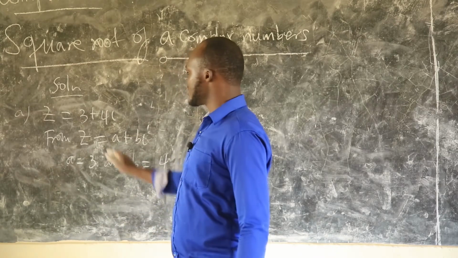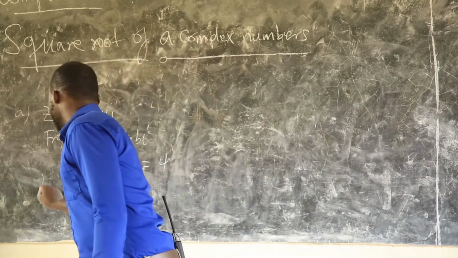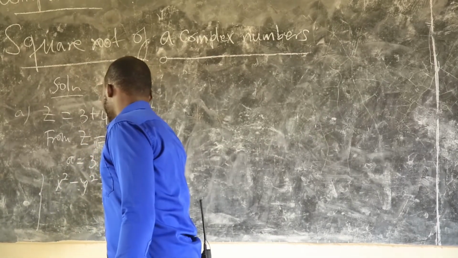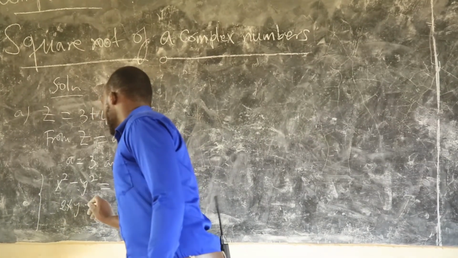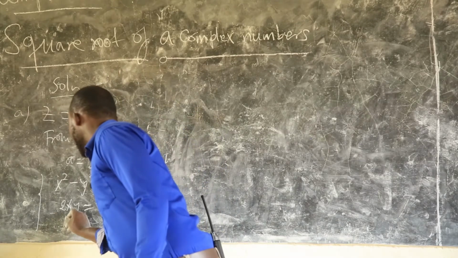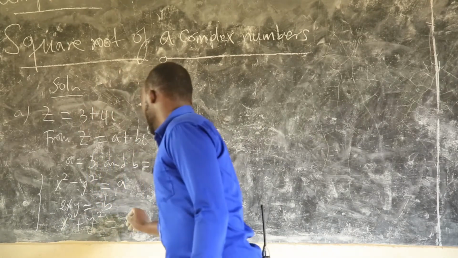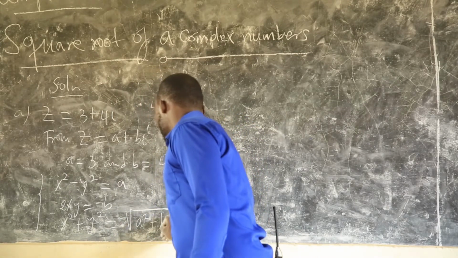So how do we find square root of this complex number? We have three equations. The first equation is x squared minus y squared equal to a, then 2xy equal to b, then x squared plus y squared equal to root a squared plus b squared.